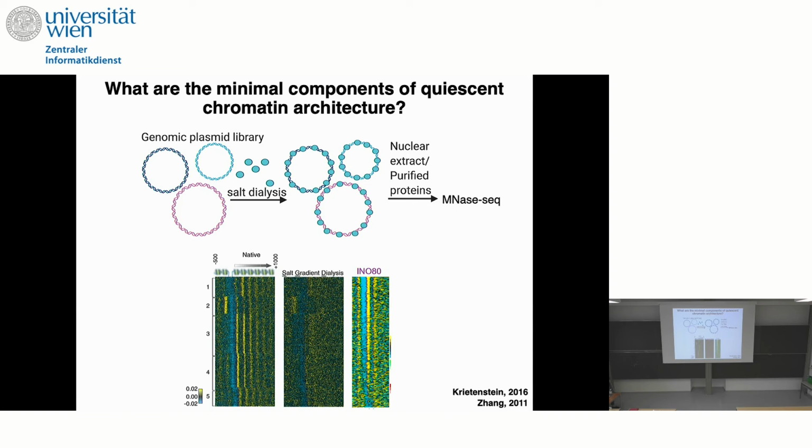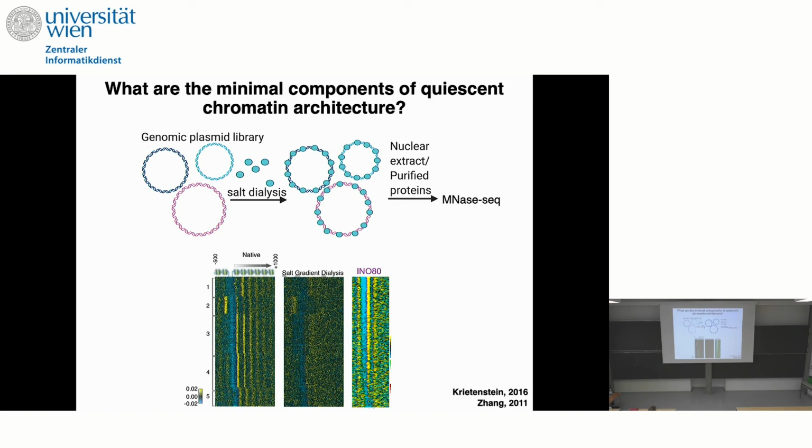And so essentially, we're looking at native MNase-seq data on cellular chromatin, and we see the typical pattern of nucleosome positioning that we expect. If we just do salt gradient dialysis on this system, we can recapitulate our nucleosome depleted regions, but positioning doesn't look very good.